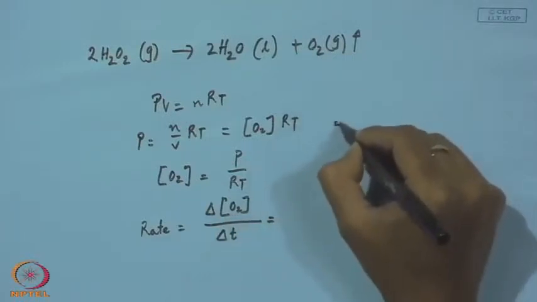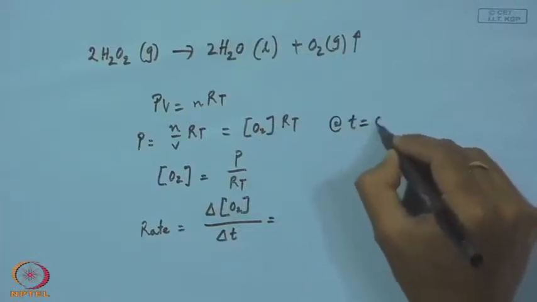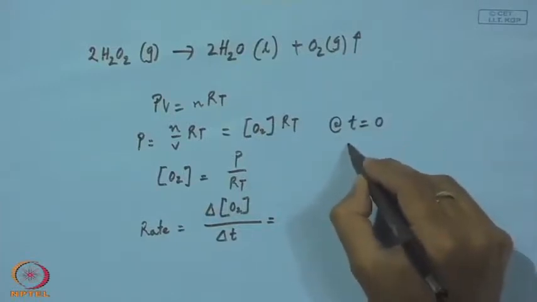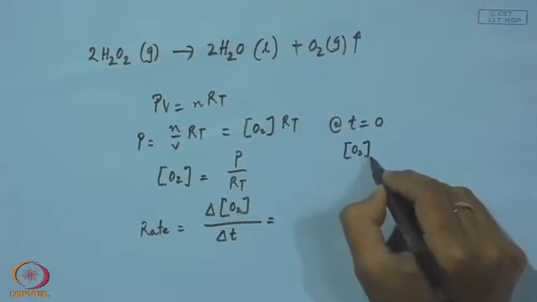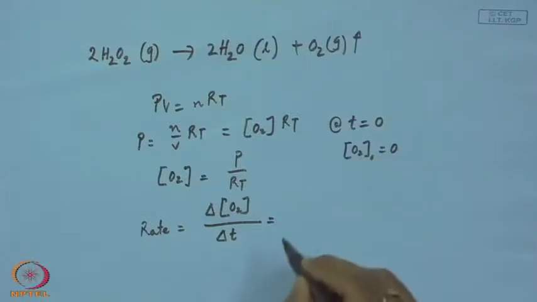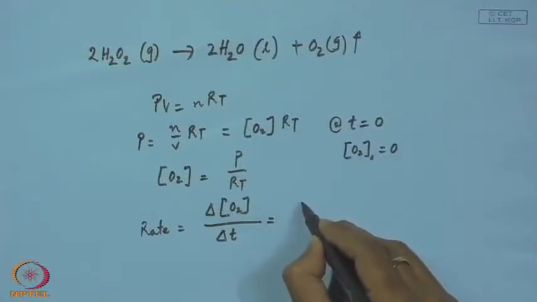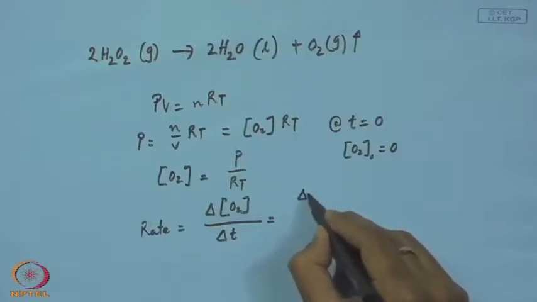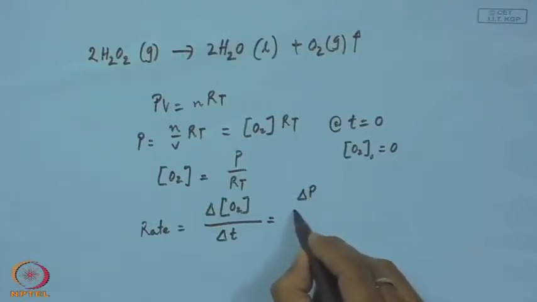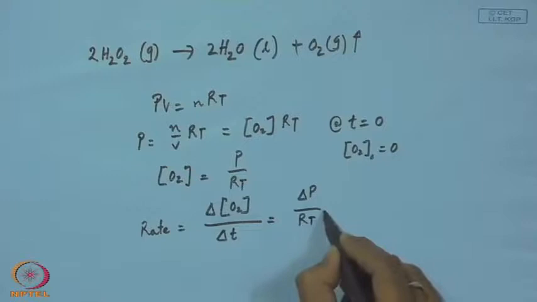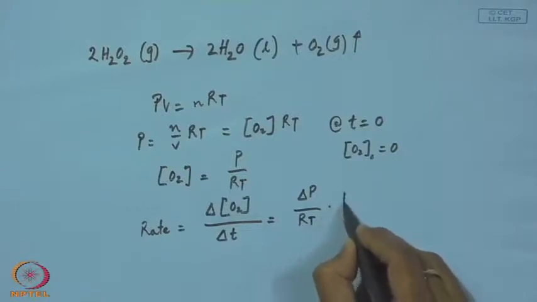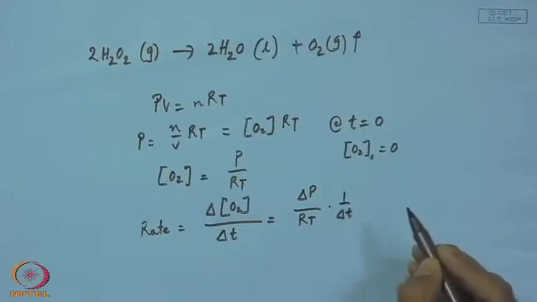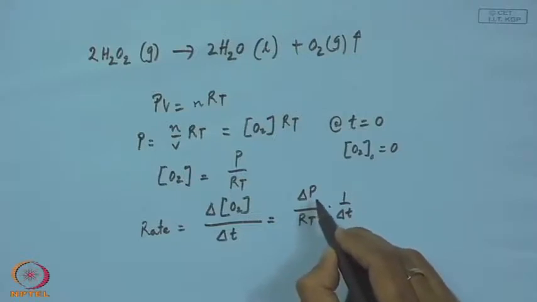So, at t is equal to 0, concentration of O2 is equal to 0. That is why it will be delta P by RT into 1 by delta t. Okay. Delta P means change in pressure.